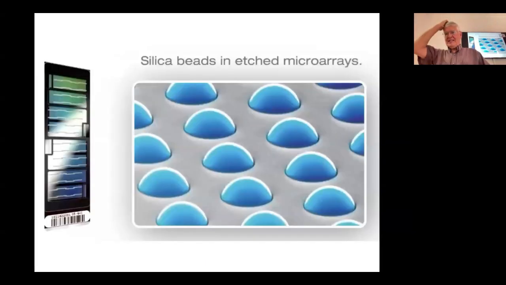So it's really high tech. So what they do is they take a silicon wafer and they etch little holes in it. And in each of these holes, they put a silicon bead. And remember, I told you how DNA sticks to glass? All right. So DNA will stick to these beads.